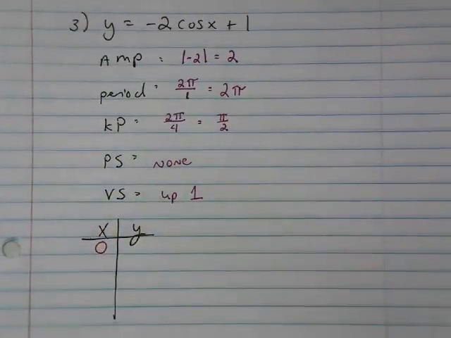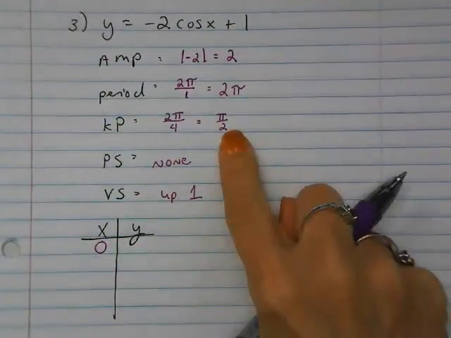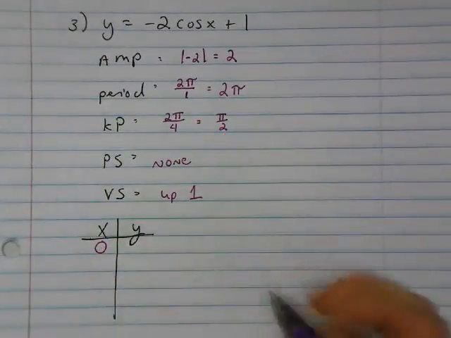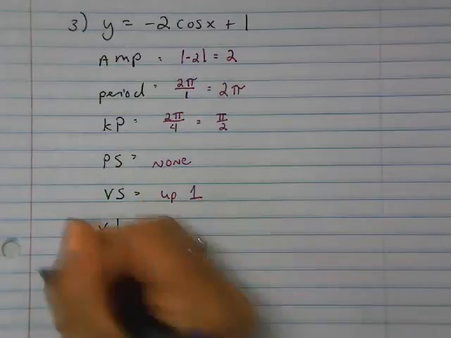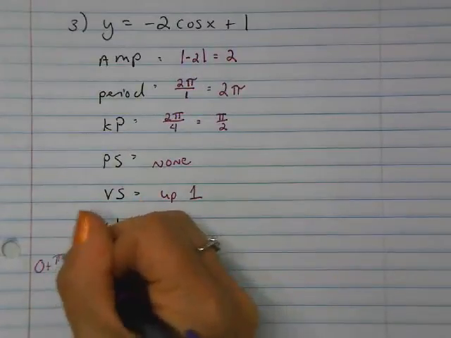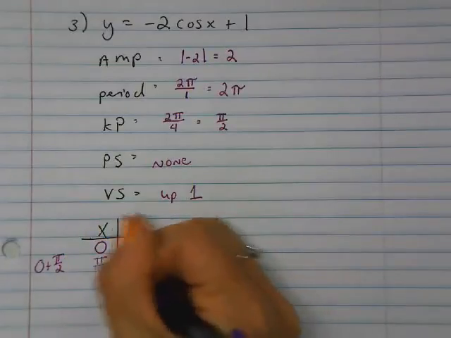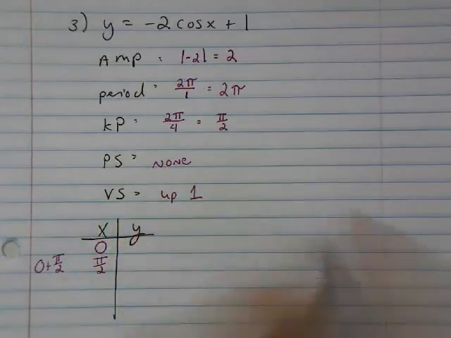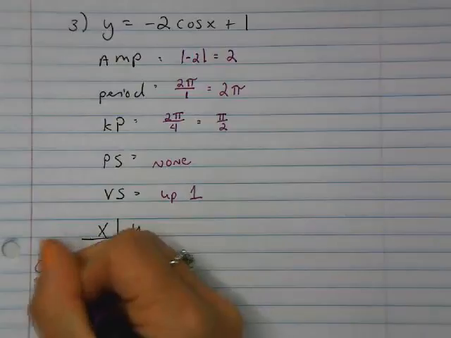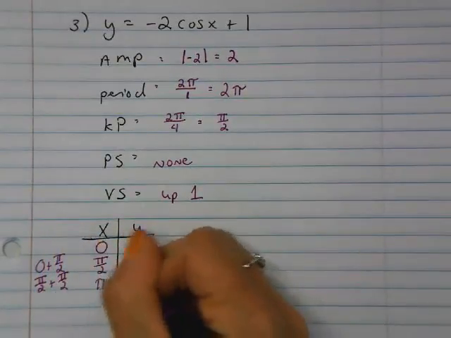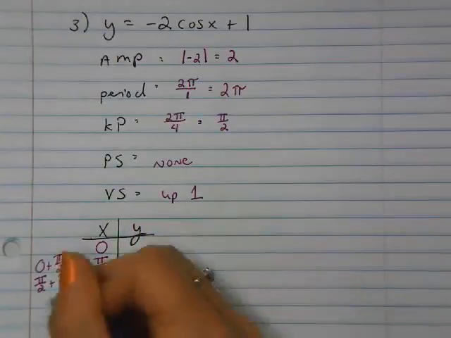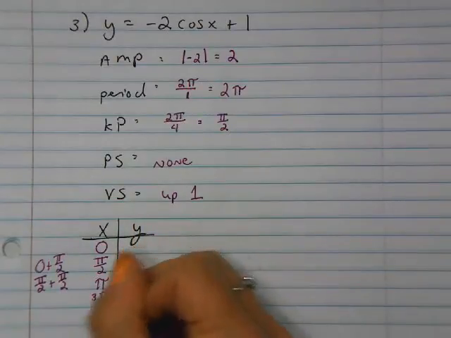Now I'm going to add my key point interval to each of those. Alright? So I take 0 plus pi over 2 and I get pi over 2. Take my last stopping point, add a key point. And this is going to be your normal one that you're used to. So 3 pi over 2 and 2 pi.